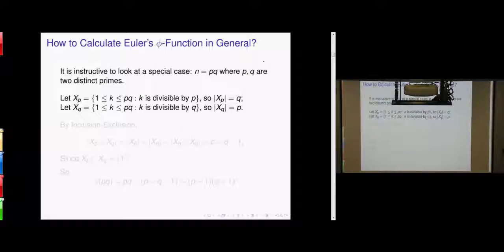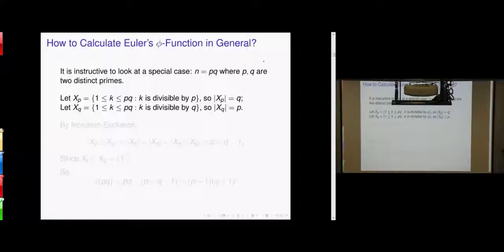So who are the numbers we are going to cancel? Let x sub p denote the set of numbers k between 1 and n, where p times q is n, such that k has a common factor with p. Because p is a prime, that means p divides k.